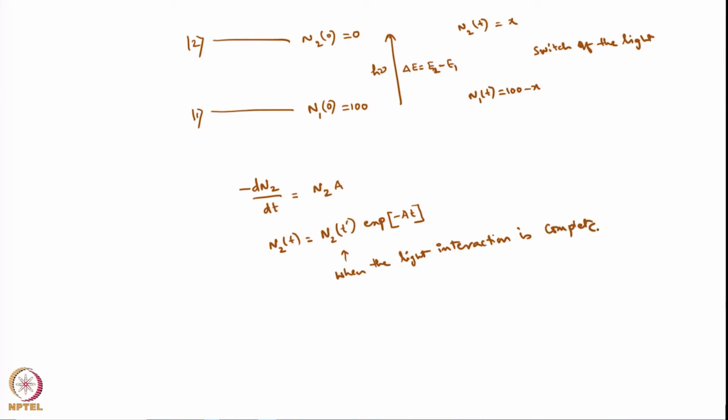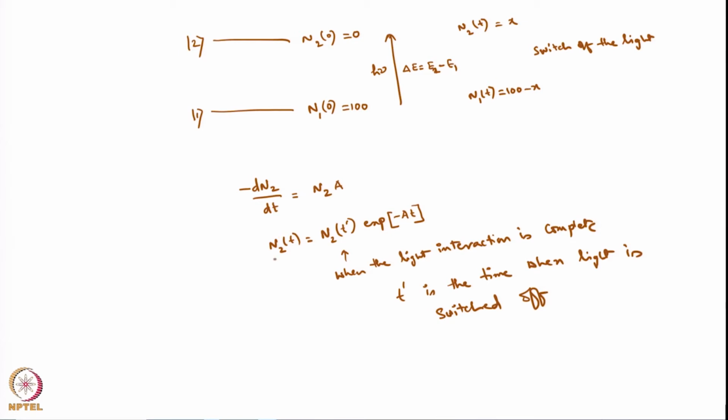So t prime is the time when the light is switched off. So what you will get is this equation.